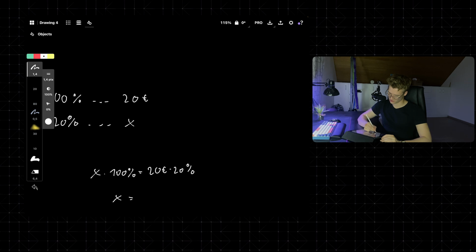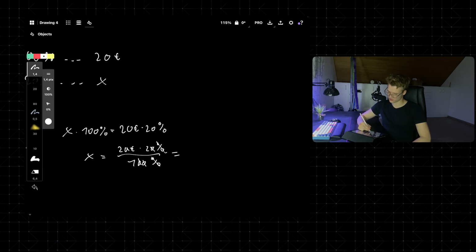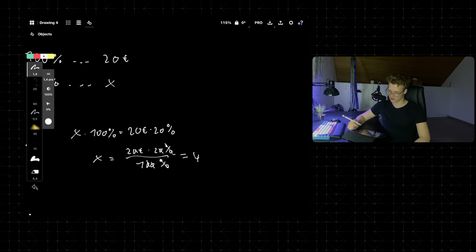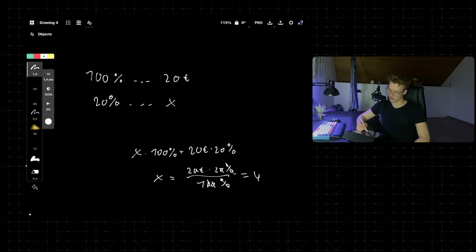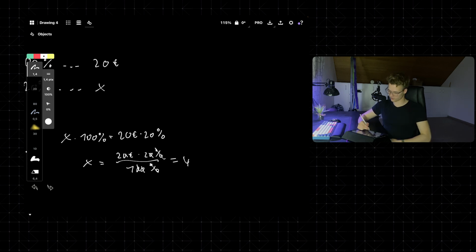So x is gonna be 20 euros times 20% divided by 100%. Percentages are reduced, and then we can also cross these zeros, okay? So you get that it's gonna be 4. So 20% of 20 euros is gonna be 4 euros.